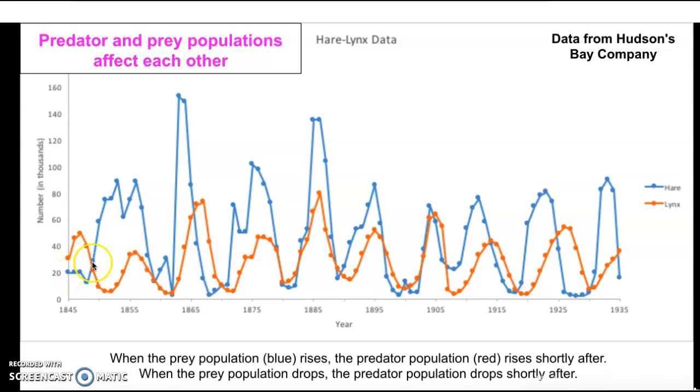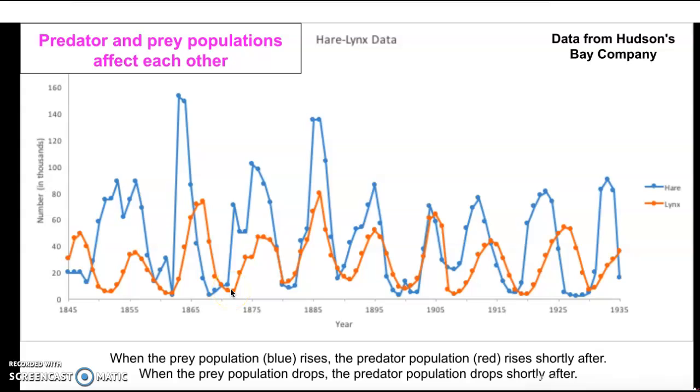Blue is the hare, and you see that the hare population cycles up and down and up and down and up and down. So hares have this natural cycle where their population is going up and down. And it looks like the lynx has that as well. The lynx population is up and down and up and down and up and down.